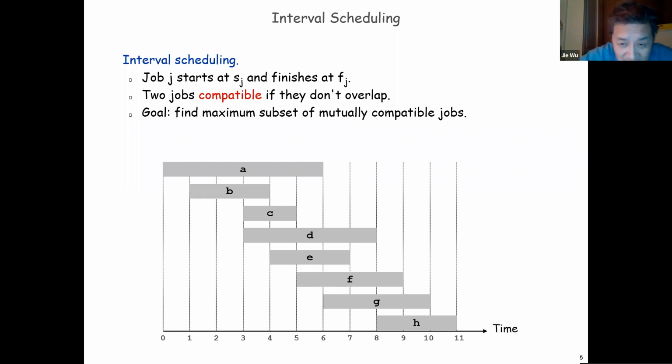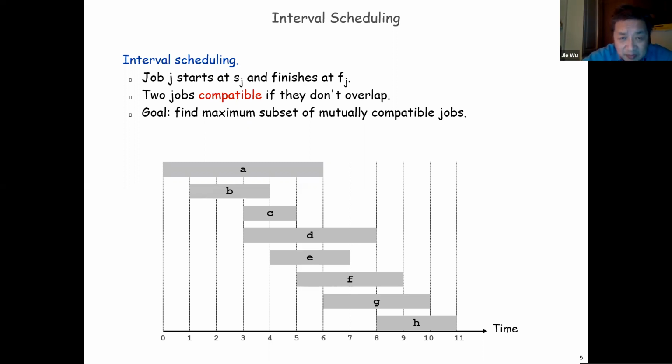The first problem is called interval scheduling. You know that during college, just imagine my younger daughter, she just finished college, and during college life you are very, very busy. You have to take classes, do clubs, social activities, and so on.